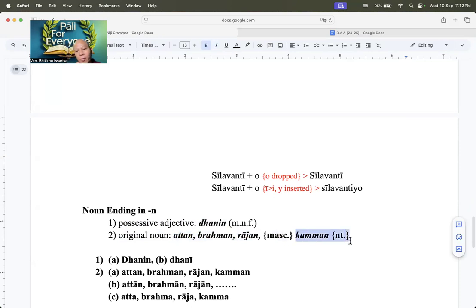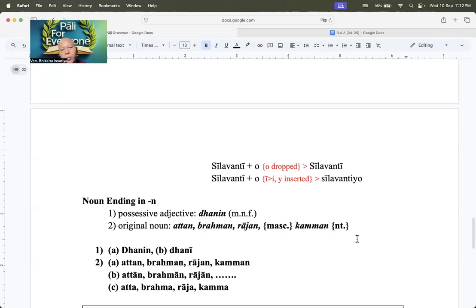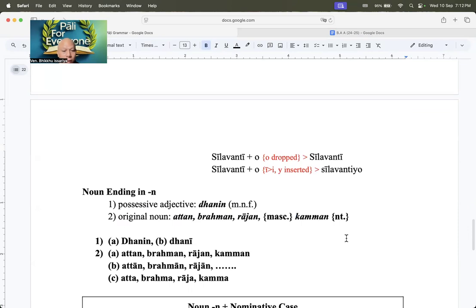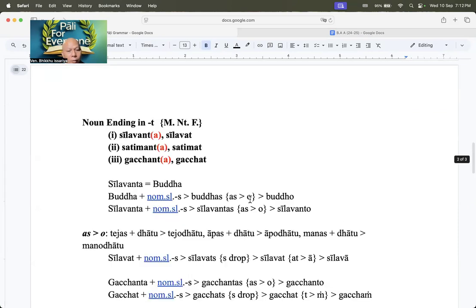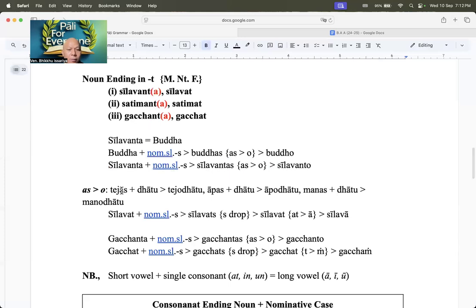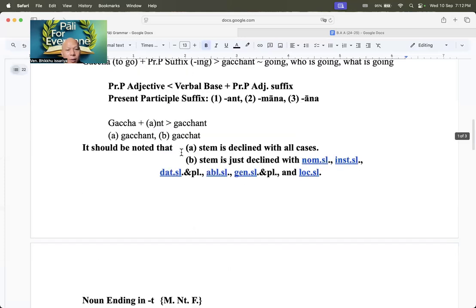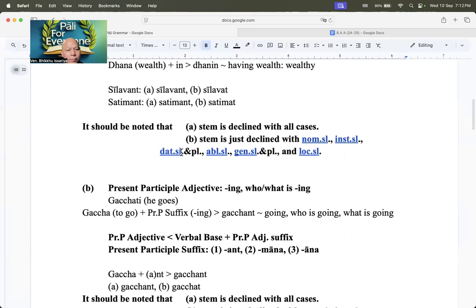Based on that, to decline them easily. The first one, dhammī, we have already learned while learning this one, you see, at the very beginning when I introduced that one.